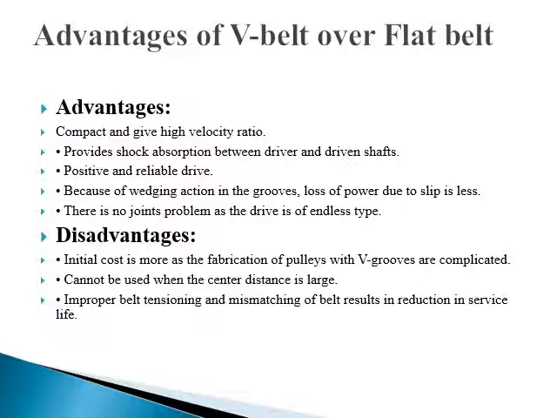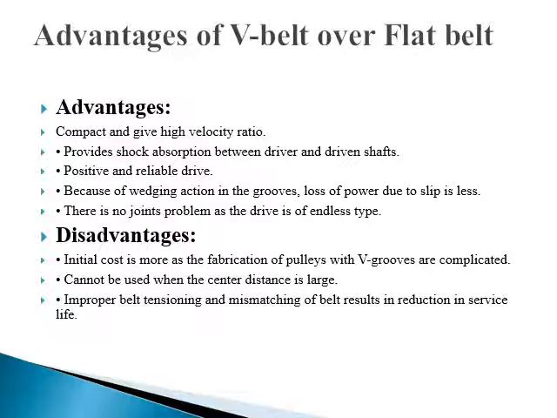We can look into the disadvantages. The initial cost is more, as fabrication of pulleys with V grooves is complicated. You need a mold to get the trapezoidal V cross sections, and it cannot be used when the center distance is large. It is for small center distance, say 1 meter, 1.5 meters maximum.